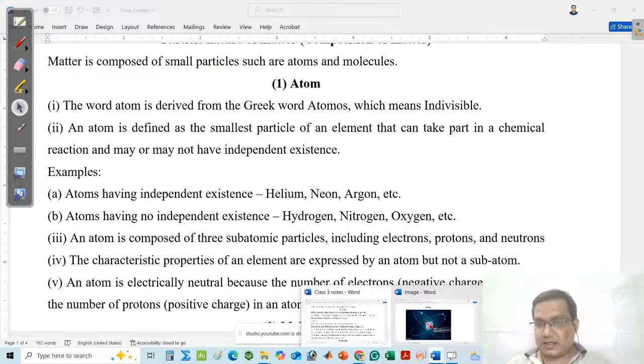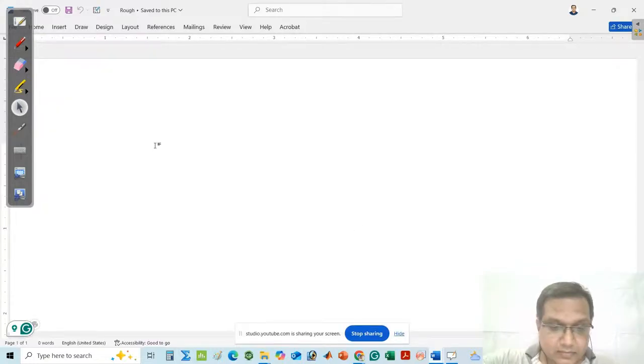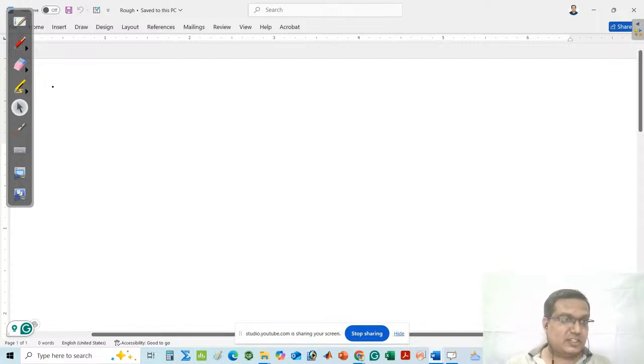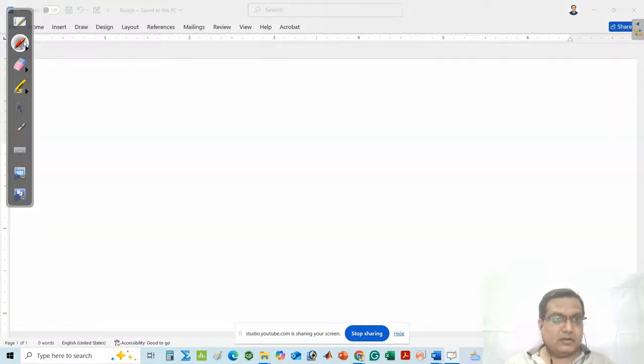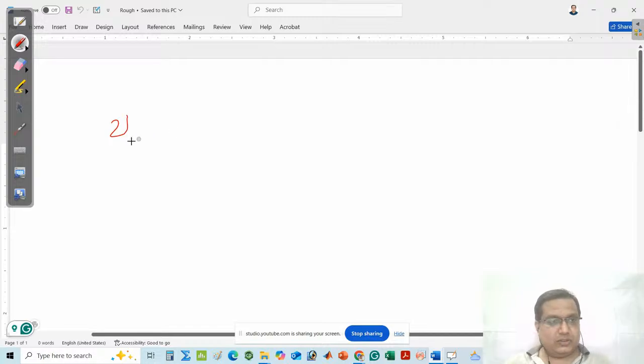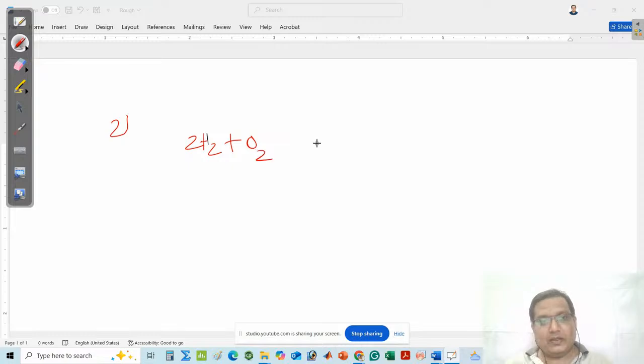Next, takes part in the chemical reaction. Let's explain this point. Suppose I want to take a reaction. Here I will take an example: 2H2 plus O2 gives water. Here, the equation is written in molecular form because the molecule is stable.